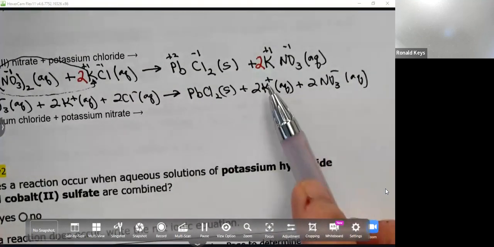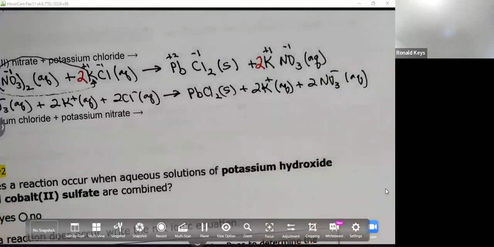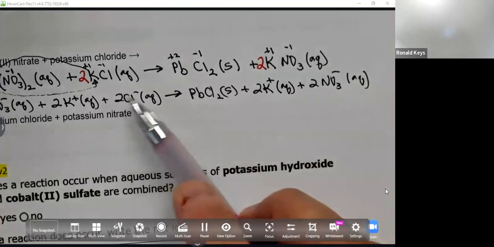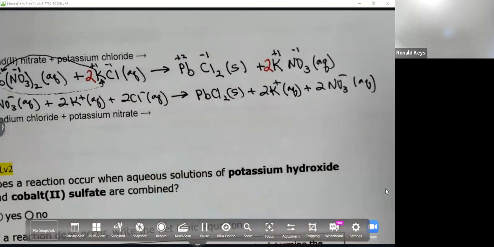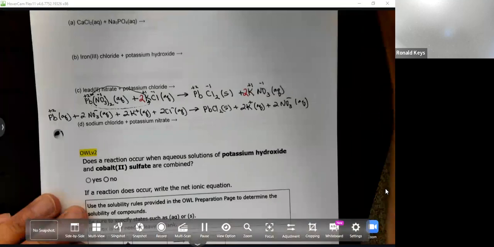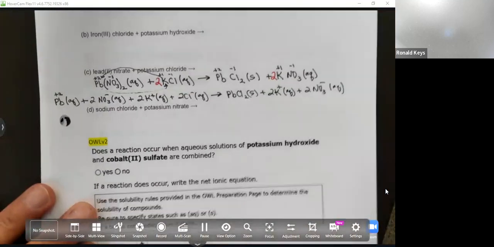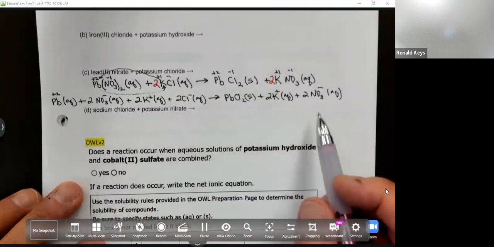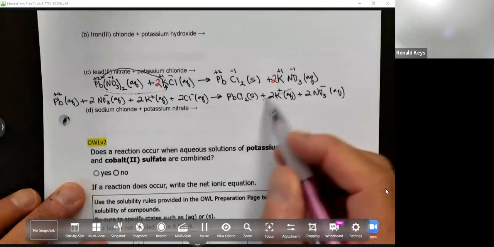If you do not have your charges up above, everything is not correct. If you do not have charges, we're assuming you have neutral compounds. So make sure everything has a charge if it's supposed to have a charge or an oxidation state. So why don't we cross out our spectator ions?